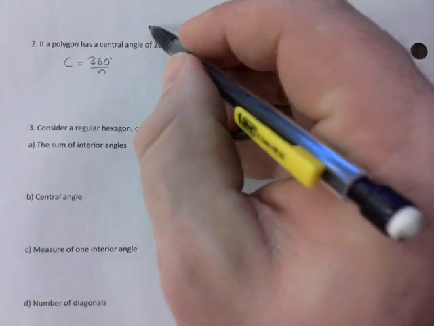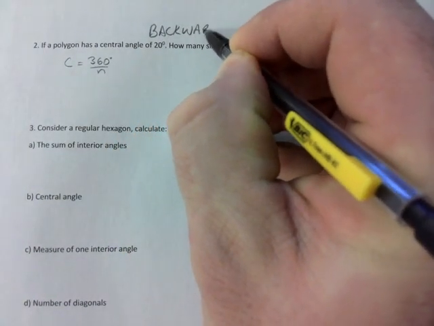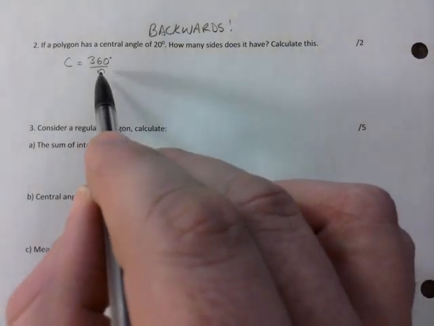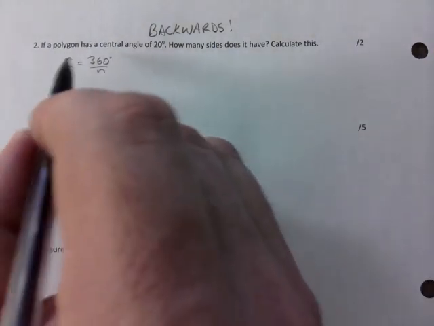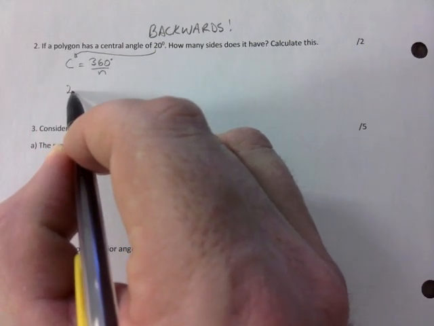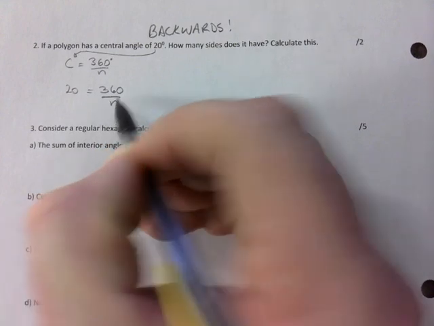This would be a backwards scenario. Start with your formula. In this case, they want n. They're giving you the central angle. So you plug this into C. So that's 20 degrees is equal to 360 over n.